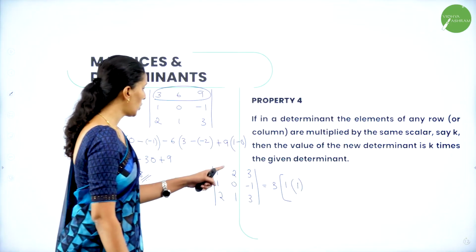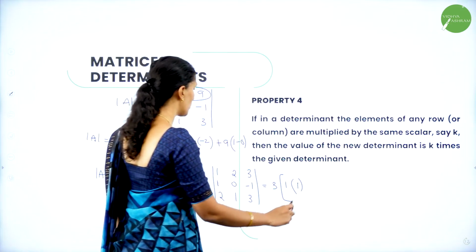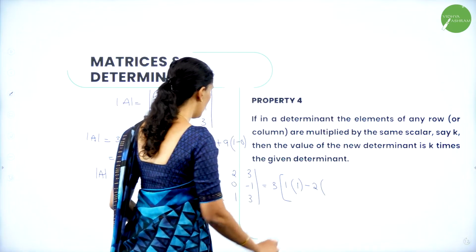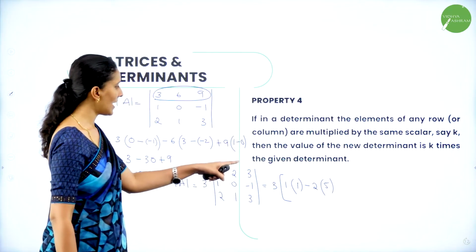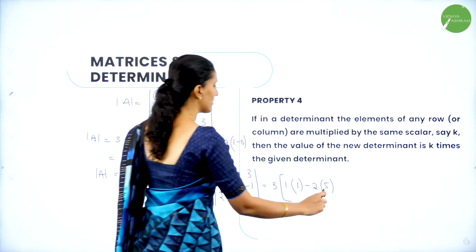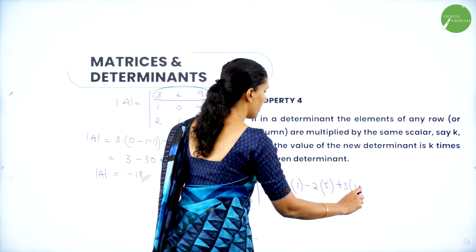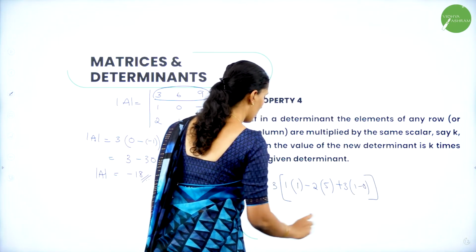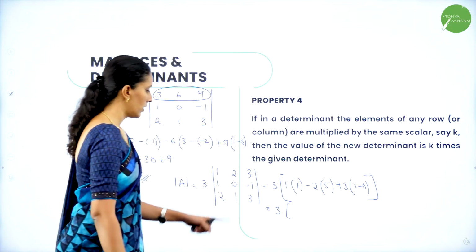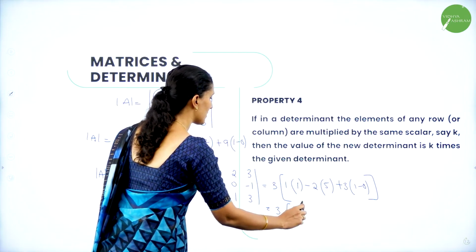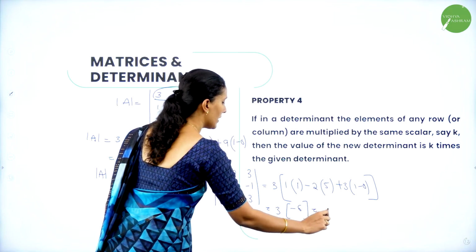Next, you have 2, so it is minus 2 into 5. Next, you have the last number 3 plus 3 into (1 minus 0). When you solve this, you will get minus 6, which is equal to minus 18 again.